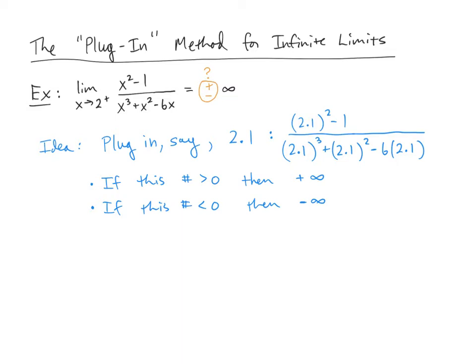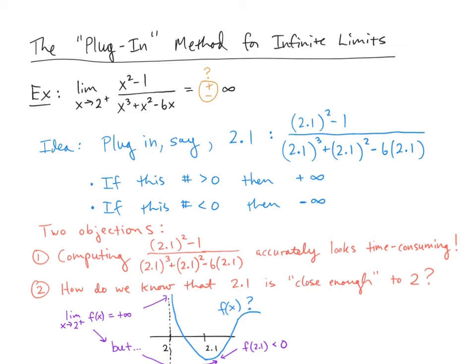So for example, the idea would be to plug in, say, 2.1, which is close to 2 from the right, into this function here. And so you get 2.1 squared minus 1 over and so on. And then if we can figure out what this number is, if it's greater than 0, then we take positive infinity. And if it's less than 0, then we find that our limit should be negative infinity.